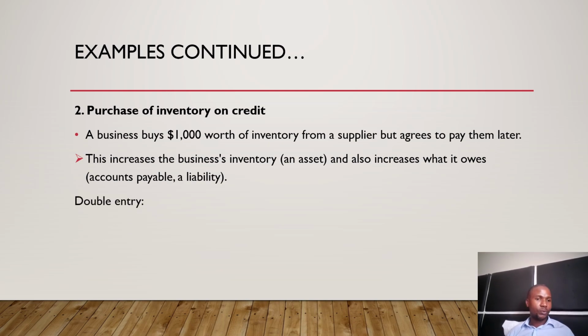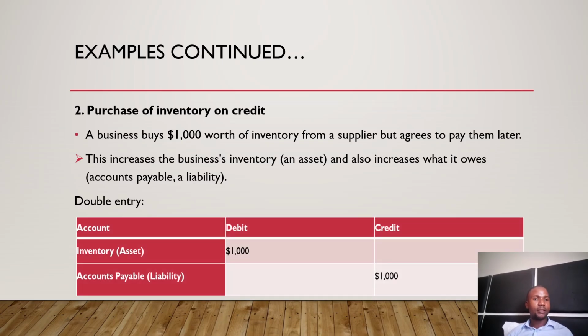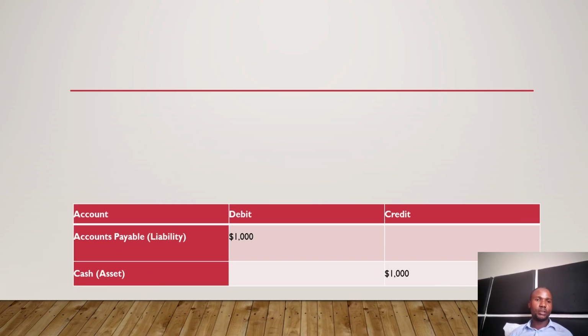According to the rules, the double entry will be that we debit the inventory account, the asset account, and credit the accounts payable account, the liability account, with the same amount. We're simply following the double entry rules.